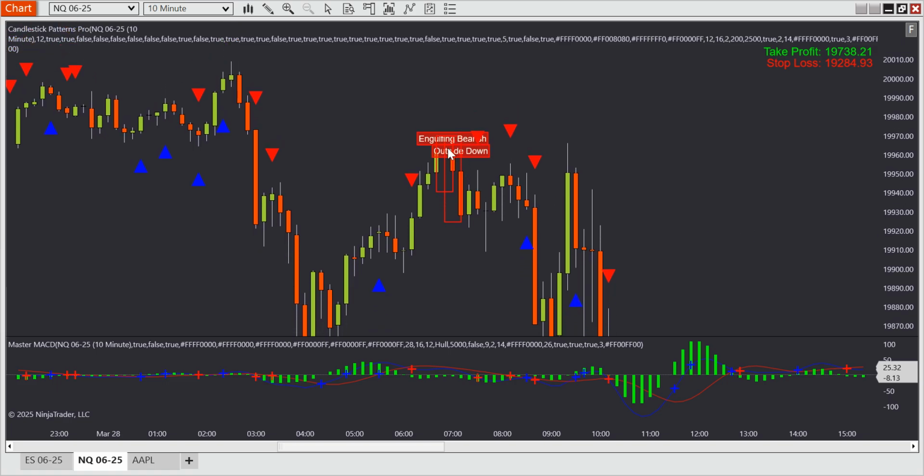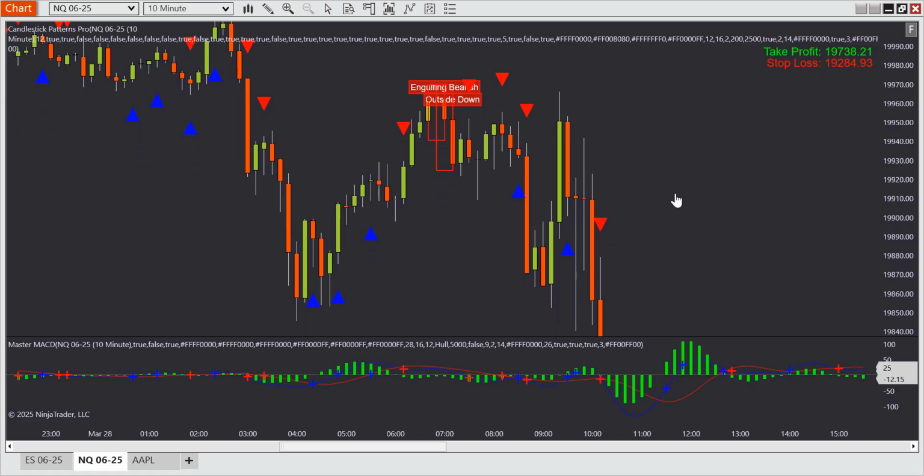And we already have the confirmation of bearish candlestick patterns forming here. Just two candles later, the Master MACD is showing signs of bearish momentum with this cross below and that signal here.